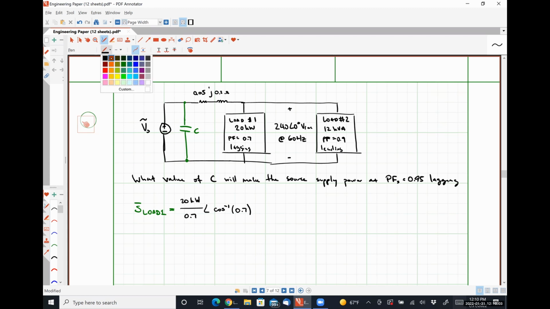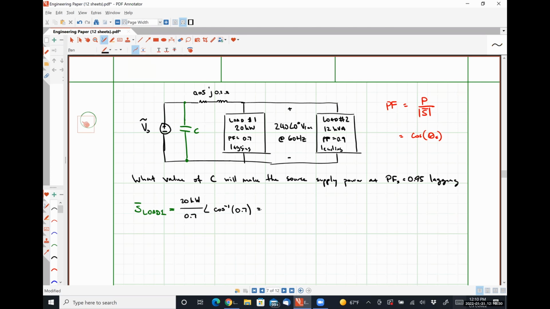Just so you know where these relationships are coming from, power factor is P over the magnitude of S, which is the same as cosine of the angle of S. So we're using both of these representations to fully describe the complex power absorbed by load 1.